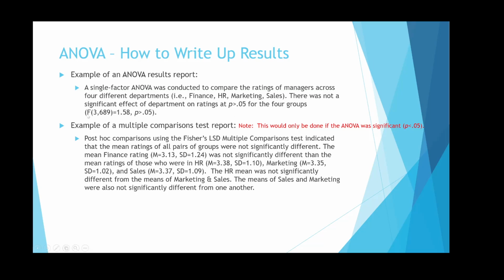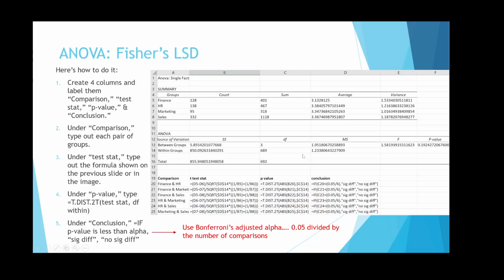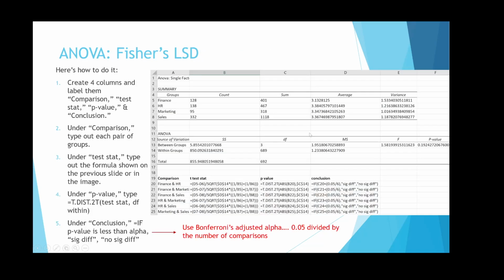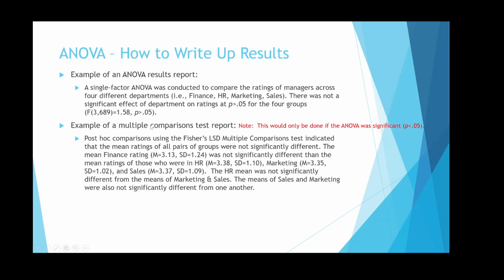Then I'm going to put in parentheses F, in parentheses again, the 2 degrees of freedom that are listed here under DF, 3, 689, equals. This is the F test statistic. So that 1.58 came from right here, 1.58. And then our p-value is greater than alpha, so I have p is greater than alpha.